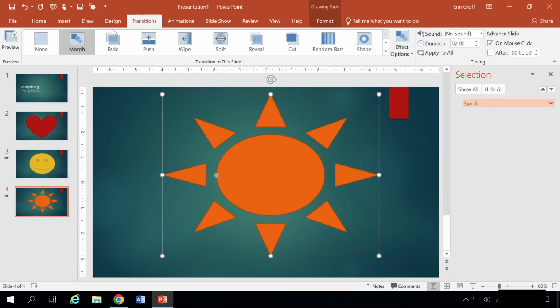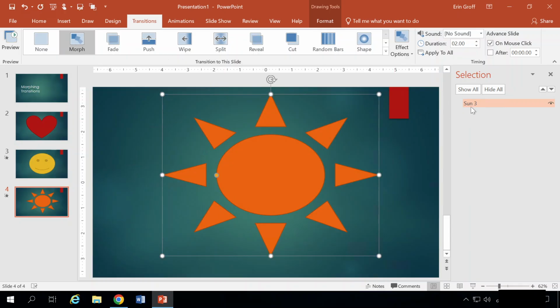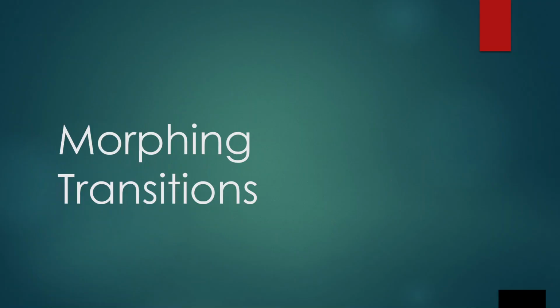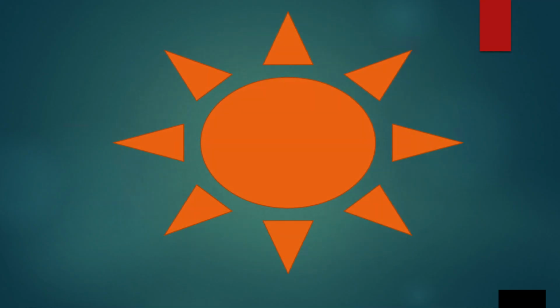We'll add that morph transition and rename this to the exclamations and heart. And let's play that out to see how it morphs. Heart to smiley, smiley to sun. All right, so that looked a little better than the Charlie Brown.